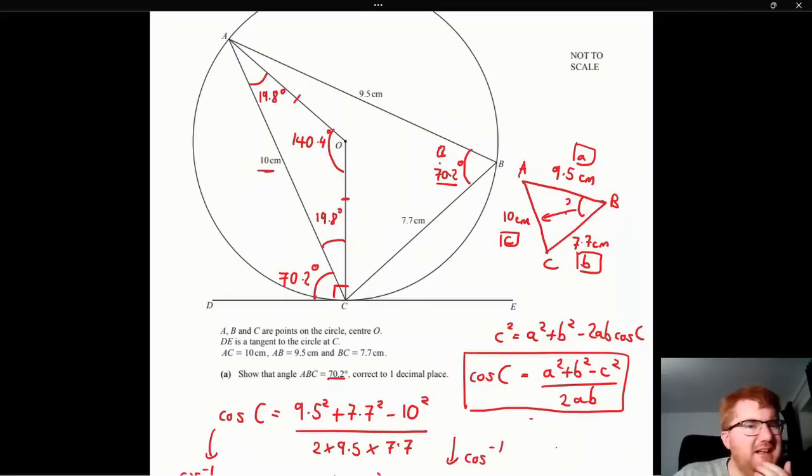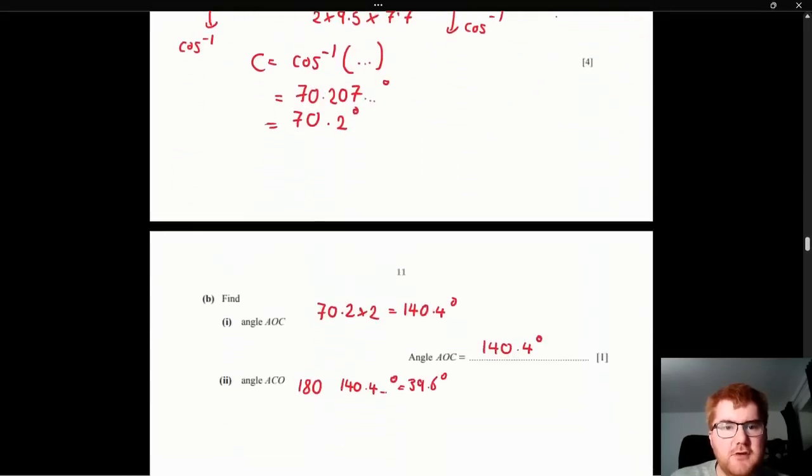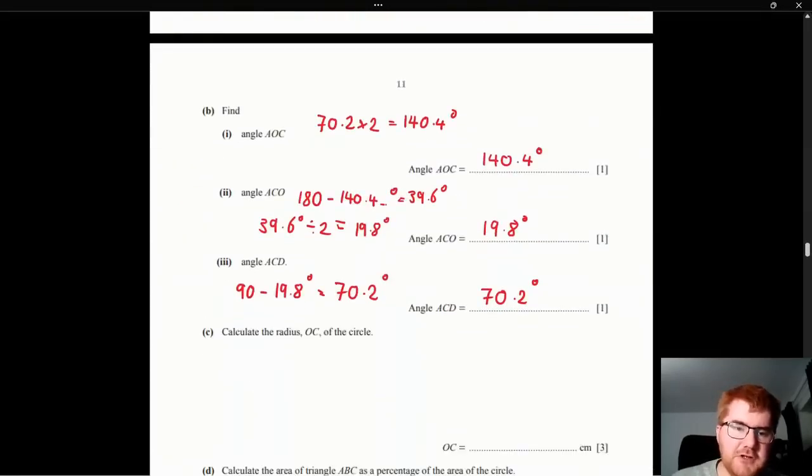So what's coming to mind here is the sine rule. Notice we've got an angle on the side, another angle, and we're looking for this side here, OC, which is a radius. We could also do OA as well. If I draw this out as a separate triangle, it probably makes it easier to visualize. So we have a triangle that looks like this. We've got this at 10 centimeters.